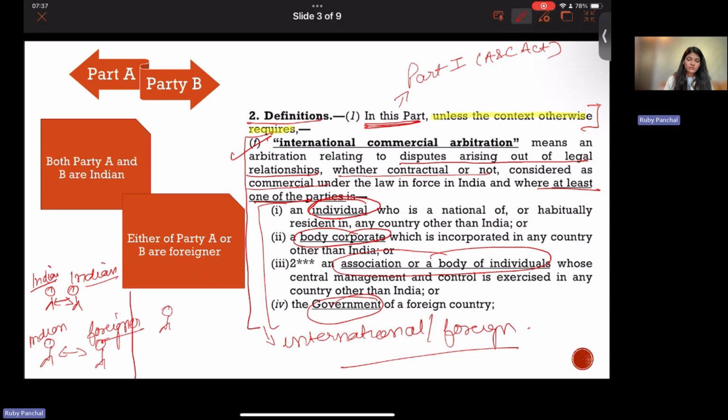Now let's say both the parties are not Indians, both the parties are foreigners. Then again, as per the definition of 21F, it would again be an international commercial arbitration. Why? Because the requirement is that at least one of the parties should be foreigner, right? So it would also include an example wherein both the parties are foreigners.